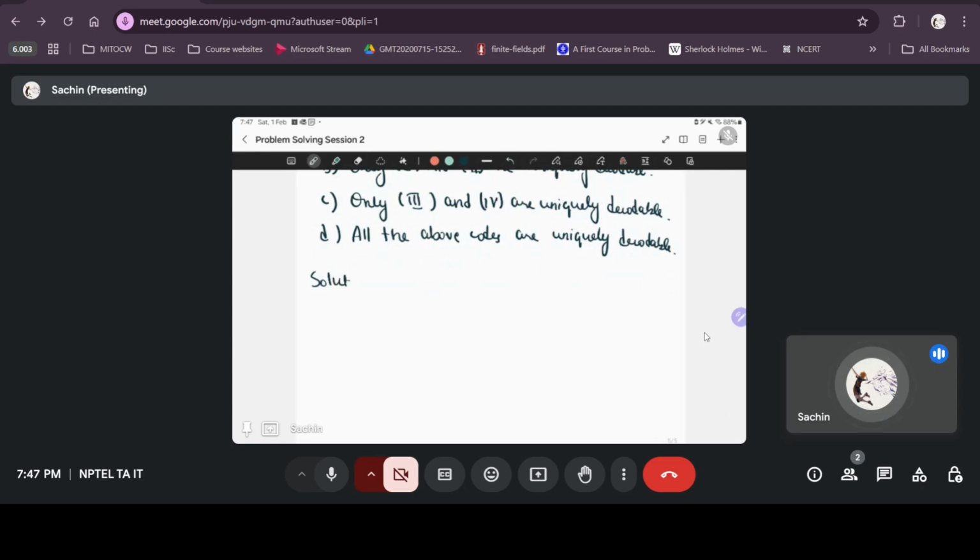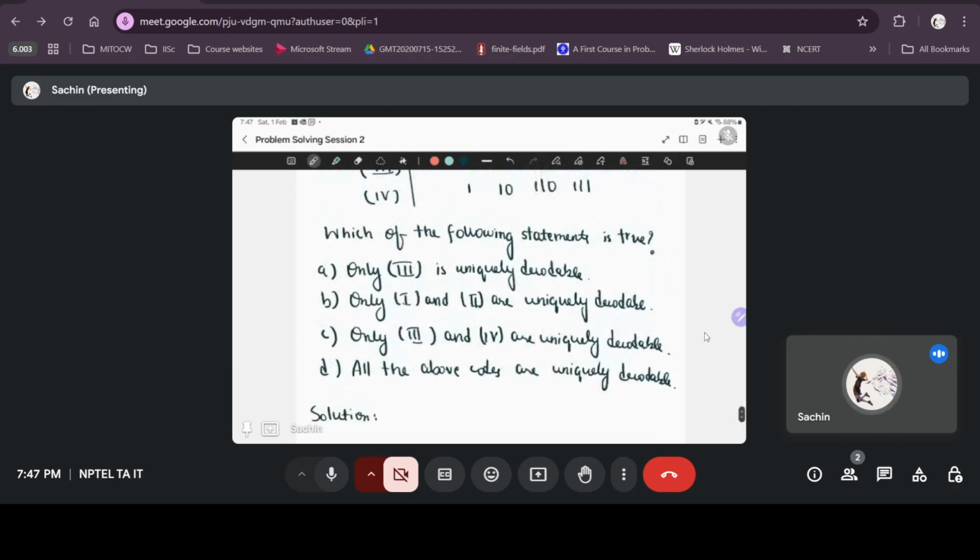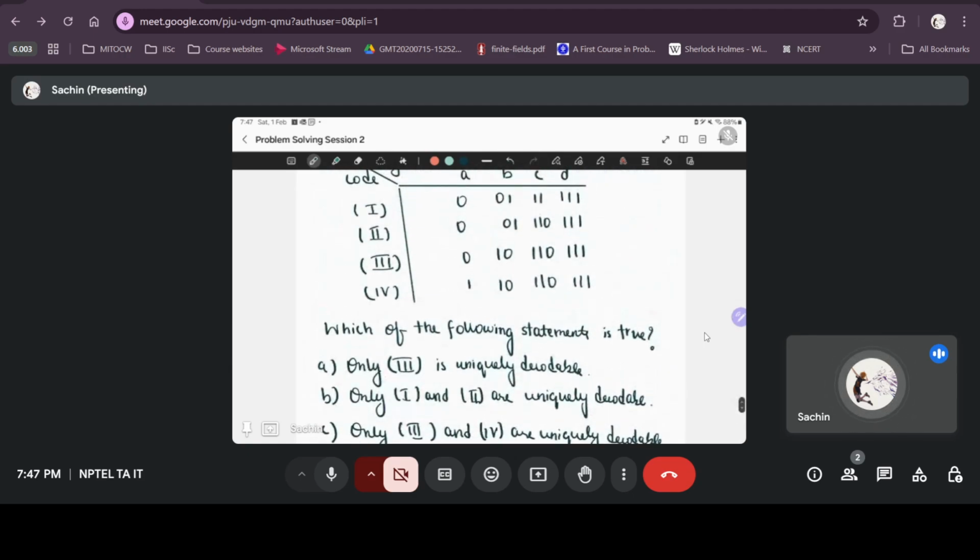So a code is uniquely decodable if it's a prefix-free code. That is, none of the code words is a prefix for any other code word.